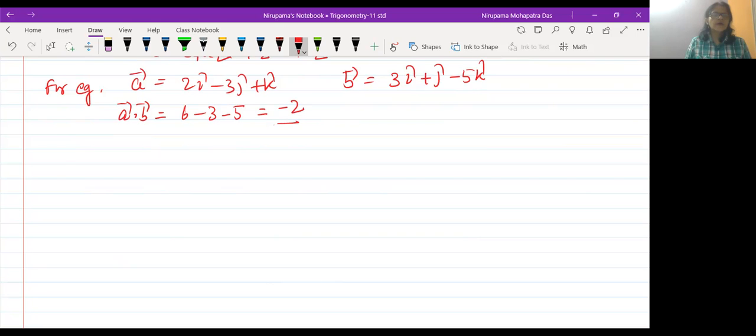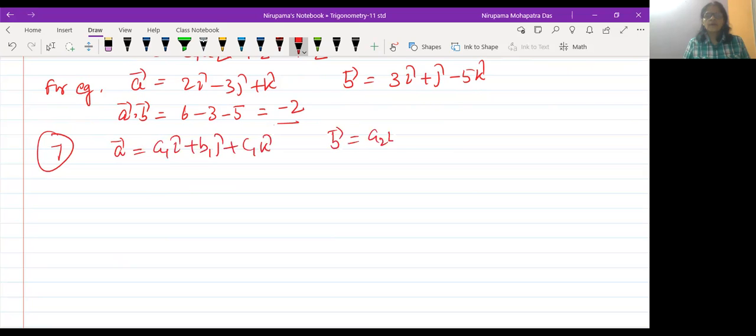Okay, next one, we can cover all the required concepts in these properties. So another way to get the angle between two vectors. If you have A vector given to you, B vector given to you in component form, maybe I can take like this: A1 i plus B1 j plus C1 k, and B vector is A2 i plus B2 j plus C2 k.